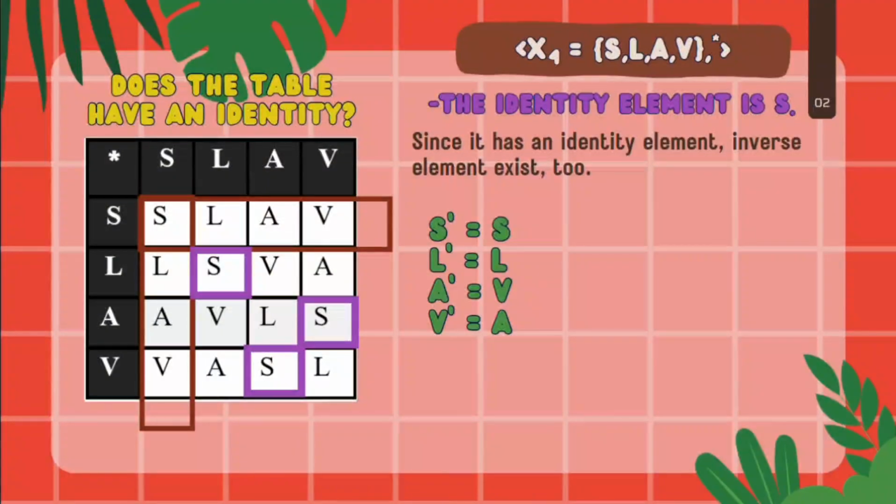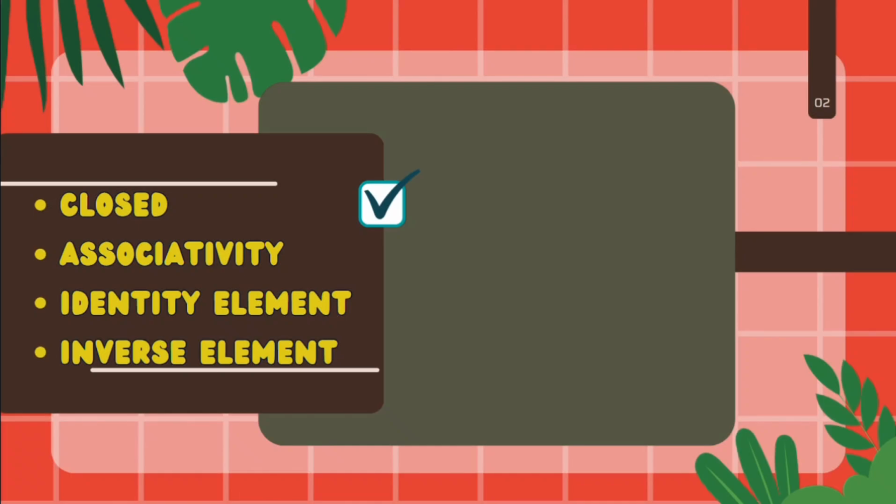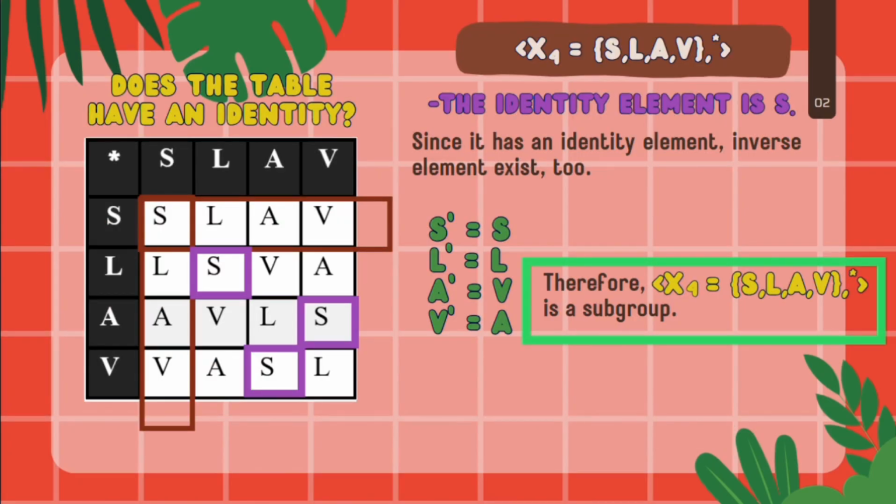So the inverse element of S is equal to S. The inverse of L is L. The inverse of A is V. The inverse of V is A. So the x sub 4 is closed. The x sub 4 is associative. It has an identity element and it has an inverse element. Therefore, x sub 4 is a subgroup.